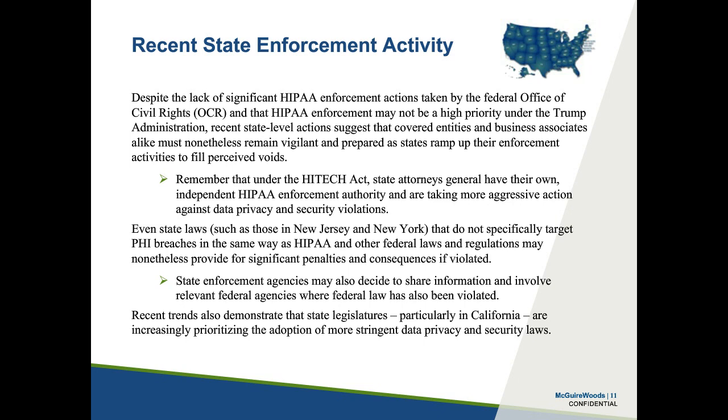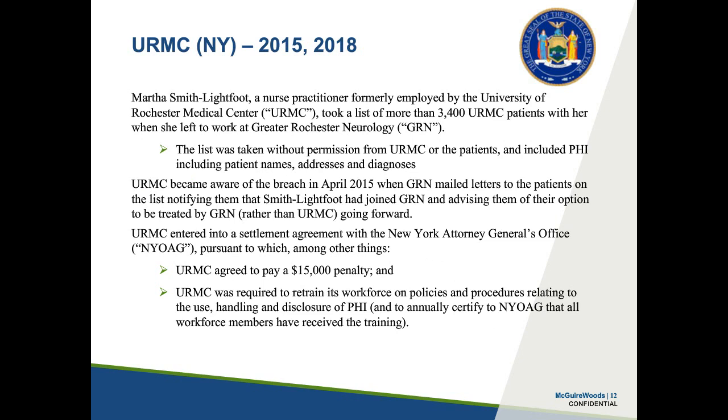One is the case of University of Rochester Medical Center in Rochester, New York. They had a nurse practitioner, an employee, who had accepted an offer to work for Greater Rochester Neurology. As part of her transition plan, she requested and actually received, which is somewhat shocking, a list of all of the patients she had seen during her time at URMC, under the guise of continuity of care.